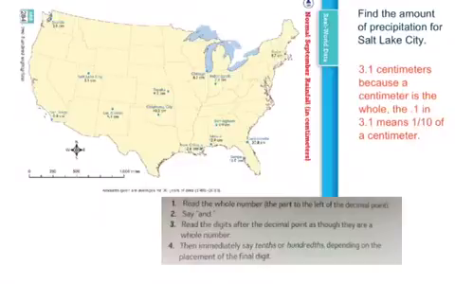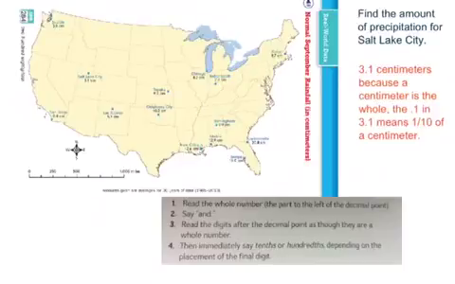Salt Lake City out there in Utah. Go find that. And hopefully you see that it says 3.1. And hopefully you would know to say that 3.1 centimeters. I wrote that out for you.